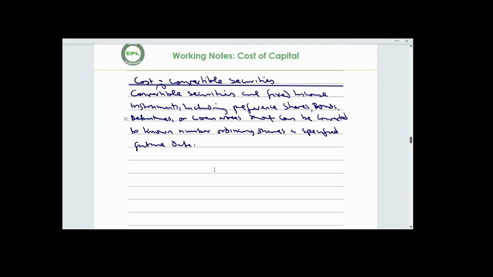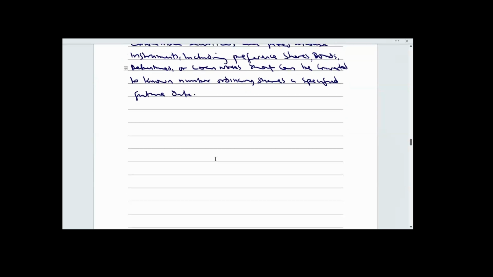What then is the cost of convertible securities? The cost of convertible security is the price of the convertible securities, like preference shares, bonds, debenture, or loan notes that can be converted to ordinary share capital. All right. So how do you then calculate the cost of convertible securities?